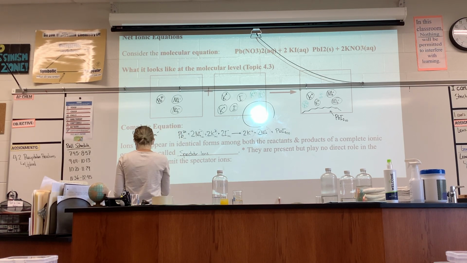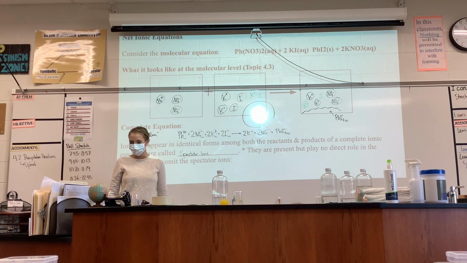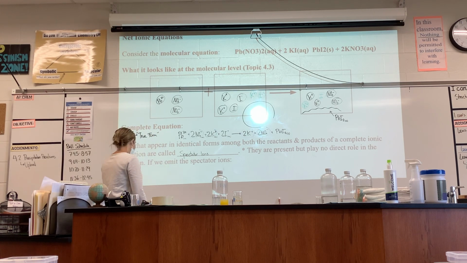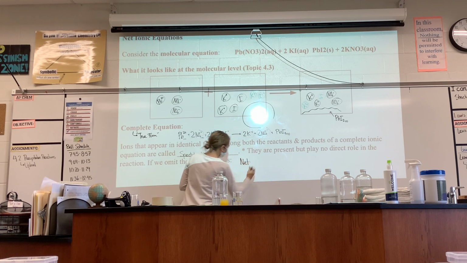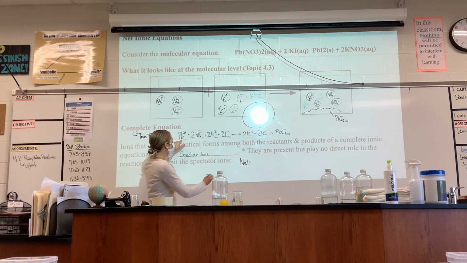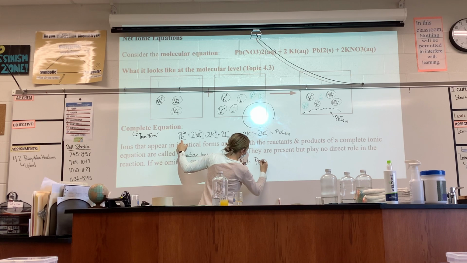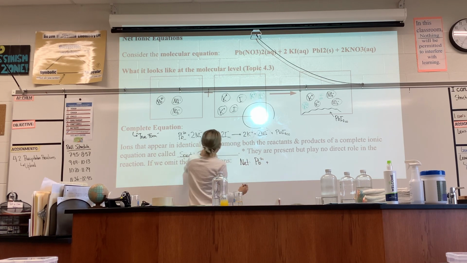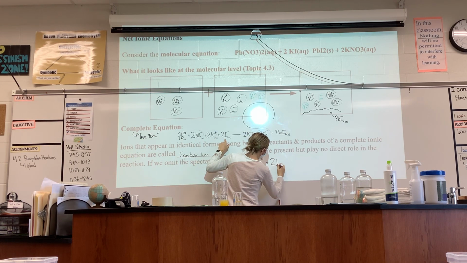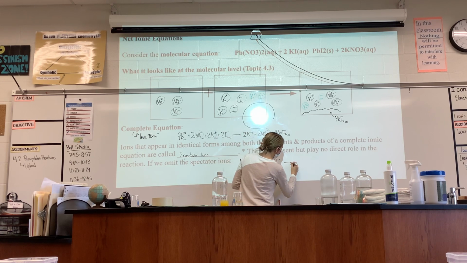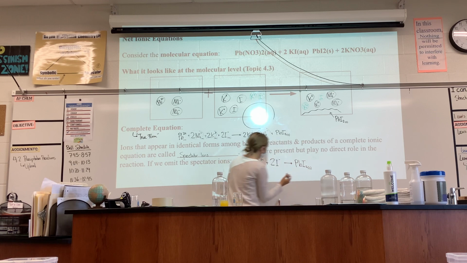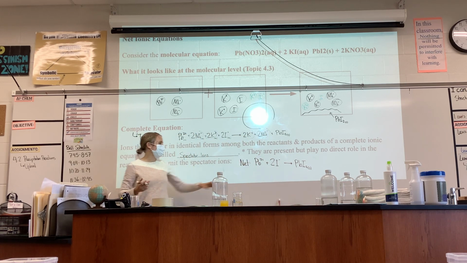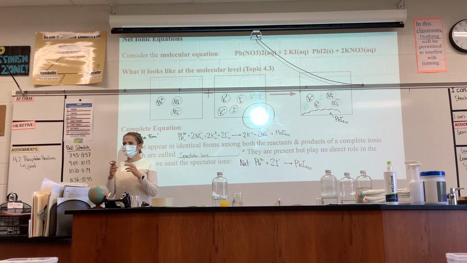The net ionic equation gets rid of those spectators and just keeps what's happening. So our net ionic equation would be Pb2+ reacting with 2 I- to make PbI2 solid. And that is the end goal of our objective today, to get to a net ionic equation.